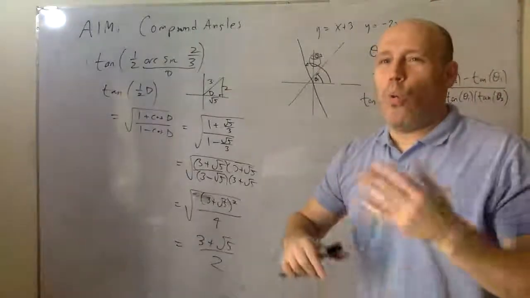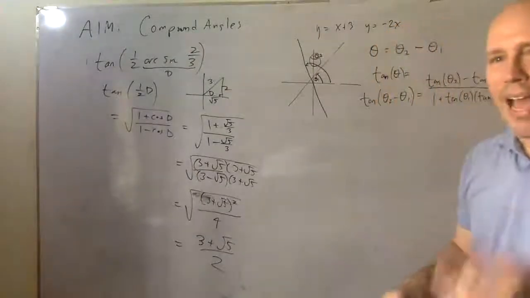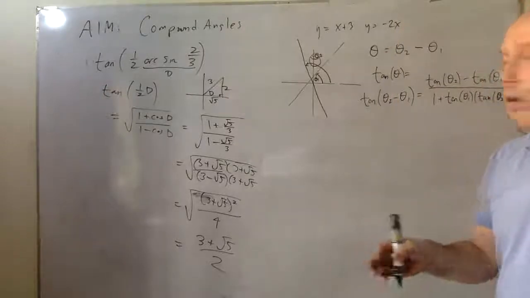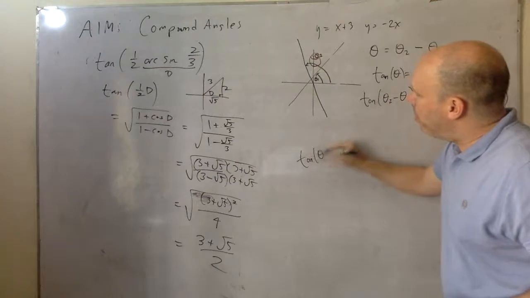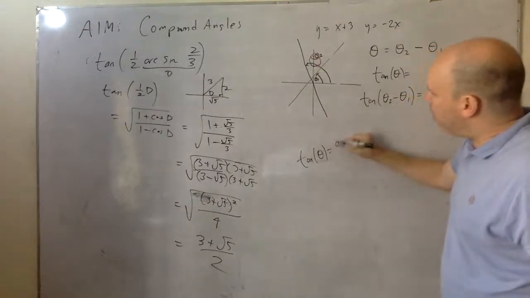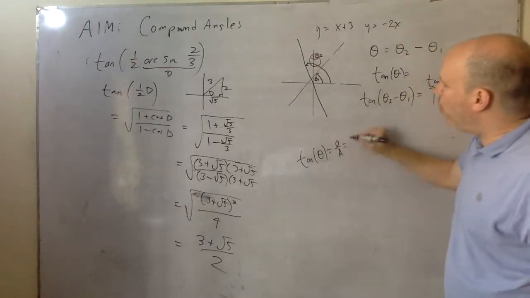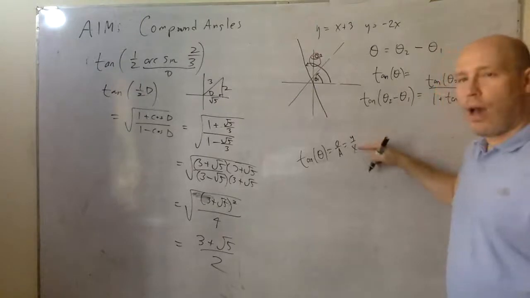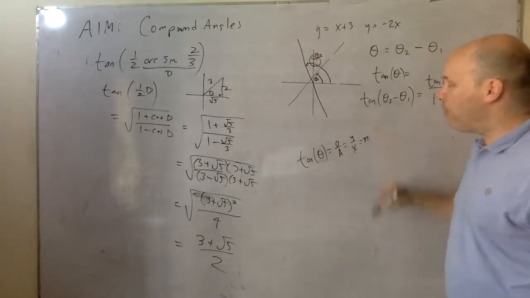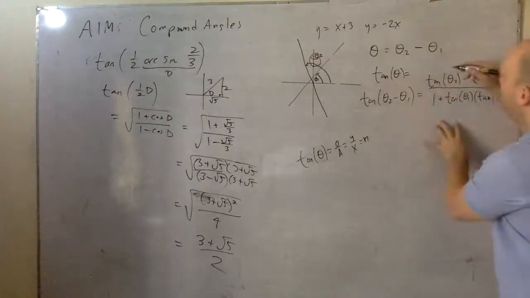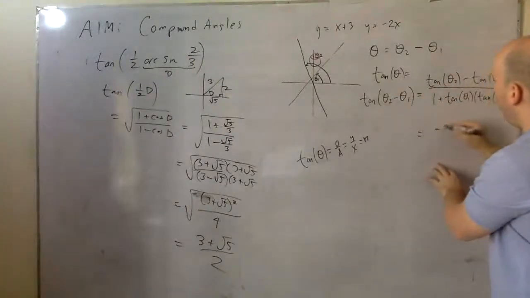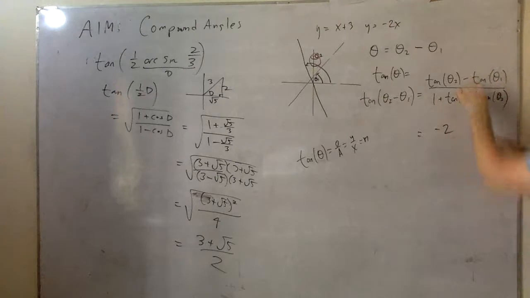Well, let's go back to our original theorem. What did the tangent take the angle to? It takes us to a ratio. It takes us to opposite over adjacent. Well, that's y over x, and you should say, that's the slope. Which means the tangent of theta 2 is negative 2.